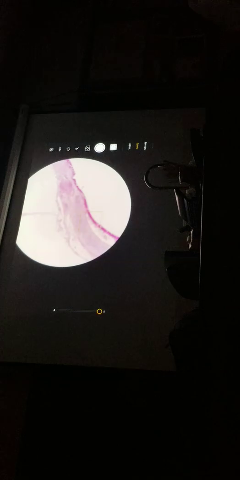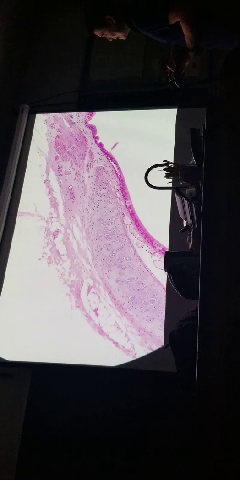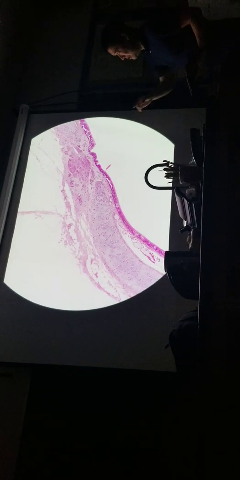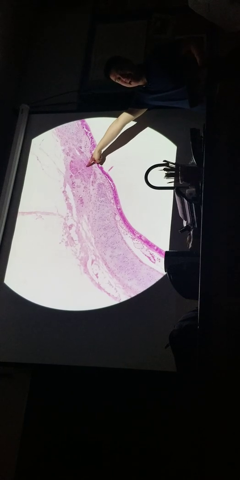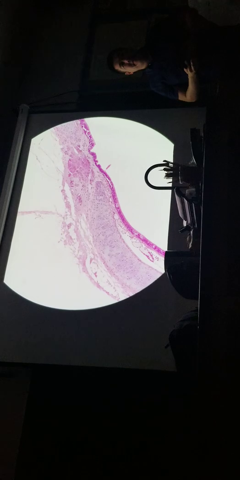Okay. No, that's the. Okay, so I moved this to a different region. Okay. And this sucks because it's upside down, but okay. This is the trachea. What is that? That is. You may have forgotten about this.